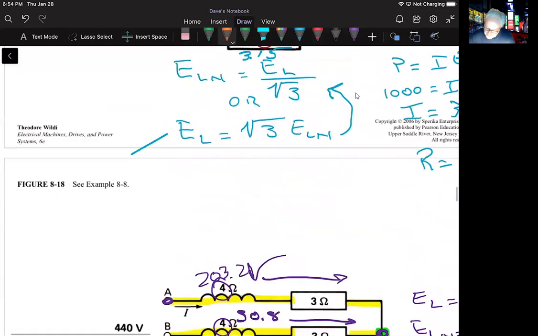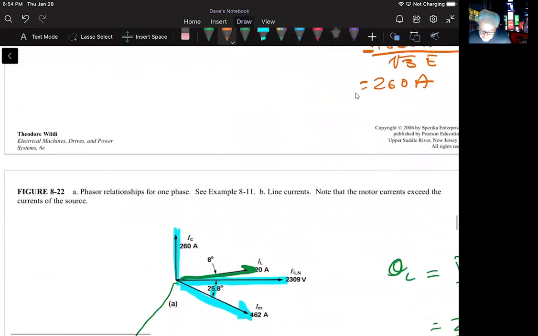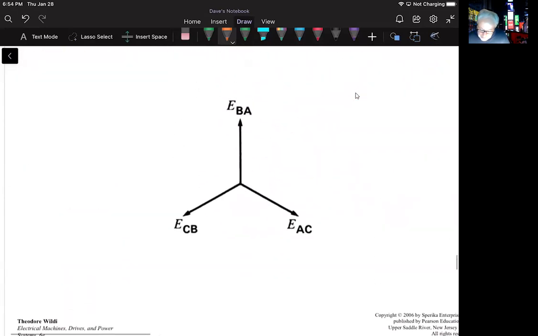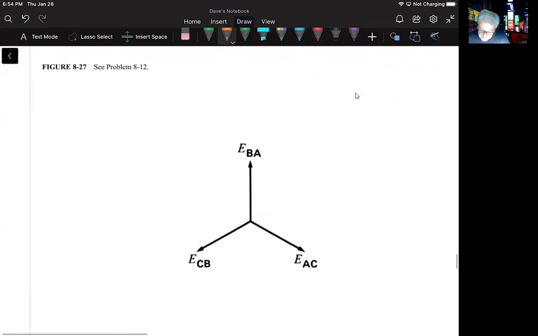And I think he's showing us that in figure 8.27 here. So you can follow that along and see what that looks like. It follows a sequence of A, C. Remember this is going counterclockwise, that's the norm, so these would be the first letters A, C, B.